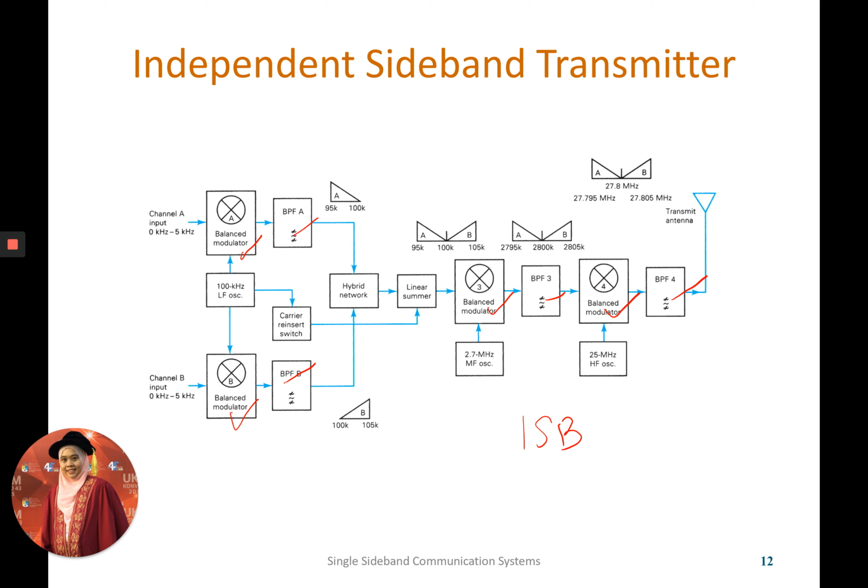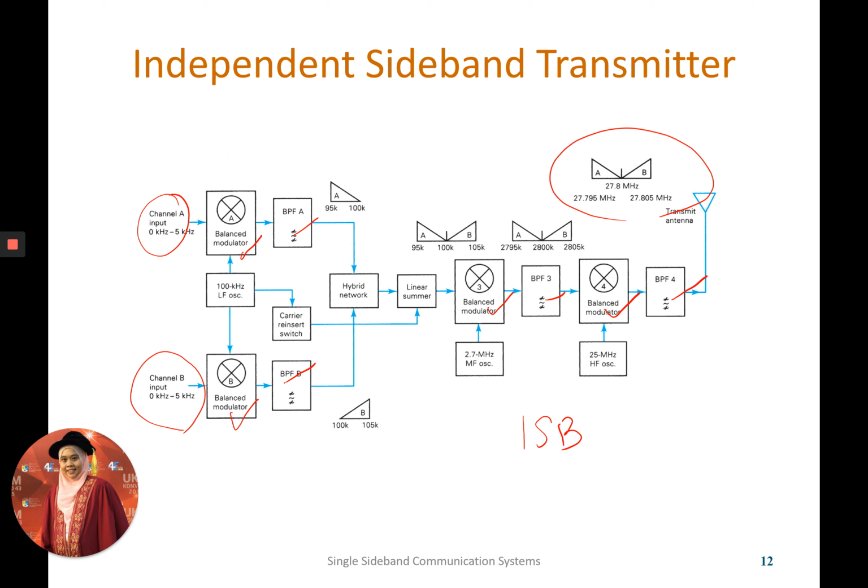In each modulator, we will produce different frequencies using different inputs, channel A and channel B, and then we will use a hybrid network to mix these two signals and try to get the sidebands side by side from the different channels A and B, and lastly it will become like this.